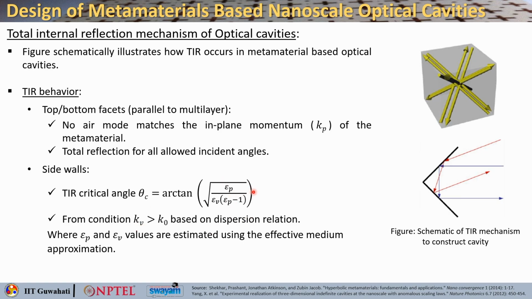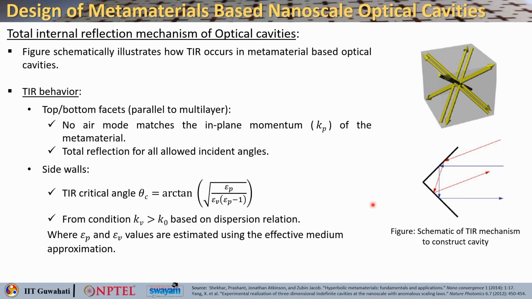Okay. So, in this equation, epsilon p is basically the effective permittivity that is parallel to the multilayer. So, it is epsilon x or epsilon y. Epsilon v is basically the vertical permittivity, or you can say the effective permittivity that is perpendicular or vertical to the multilayer. So, these values can be estimated using effective medium approximation, and after that you can calculate the total internal reflection critical angle.